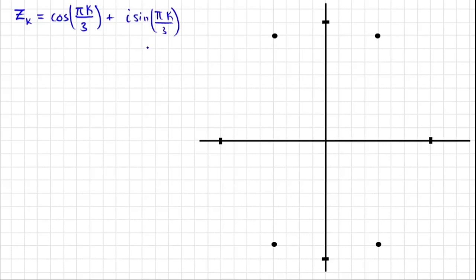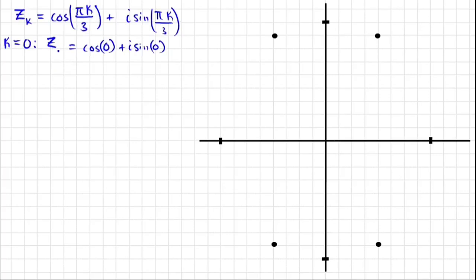But remember, we know what k is. k is 0, 1, 2, 3, 4, 5. So now I can go ahead and start replacing that. When k is 0, what happens? If I replace k with 0, z subscript k will be equal to cos 0 plus i sin 0, which will just be 0 in each case.